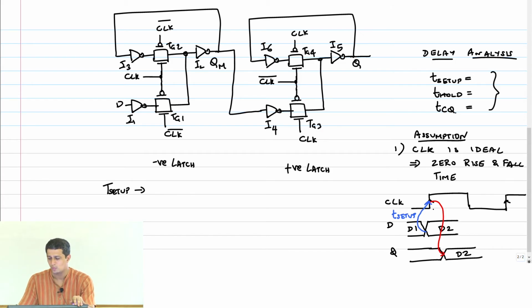Now what happens? First of all, when the clock goes from 0 to 1, tell me what is the state of L1 in terms of whether it is transparent or opaque. Clock is going high. Sorry, L1 is opaque and L2 is transparent.